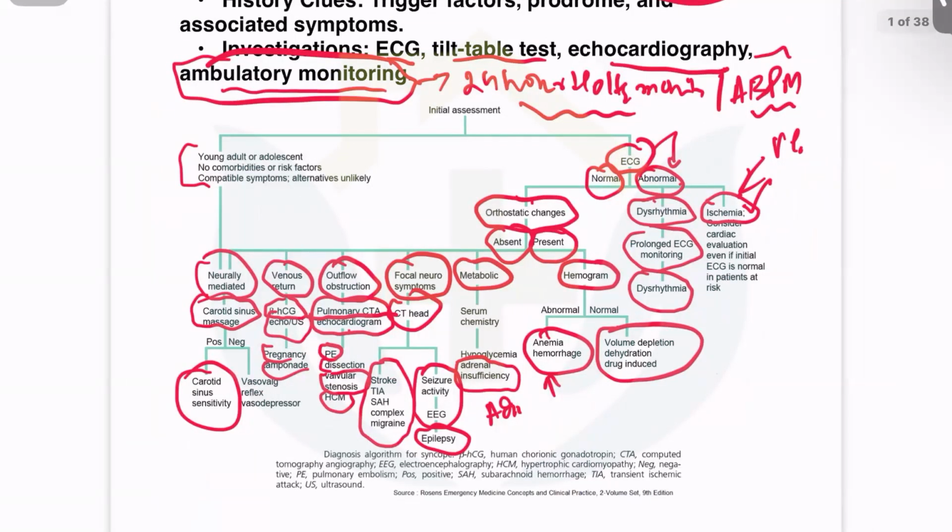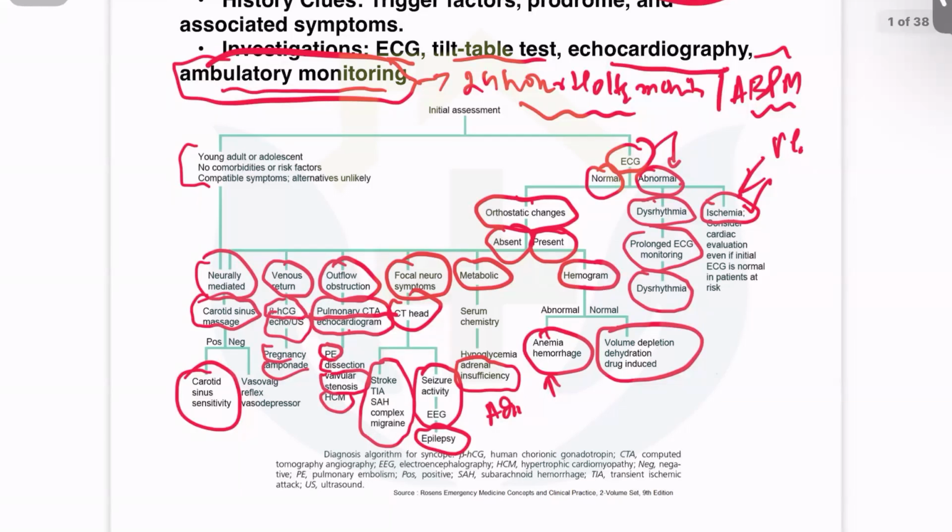Yes? Yes, sir. So basically, immediately you should find out if there are any reversible causes and you should get an ECG. In case the ECG is normal, think about other causes like metabolic, like orthostatic, like something in the brain, neurological syncope, something in the heart, structural heart disease, or something outside the heart like tamponade.